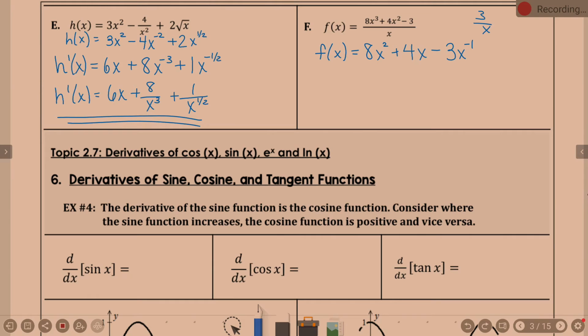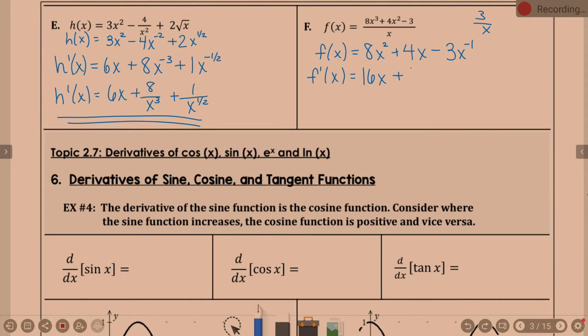Okay, here we go then. Derivative of 8x squared, 16x. Derivative of 4x. What is the derivative of 4x? 4. Because when you take x to the first, you subtract a power, 1 minus 1 is 0.